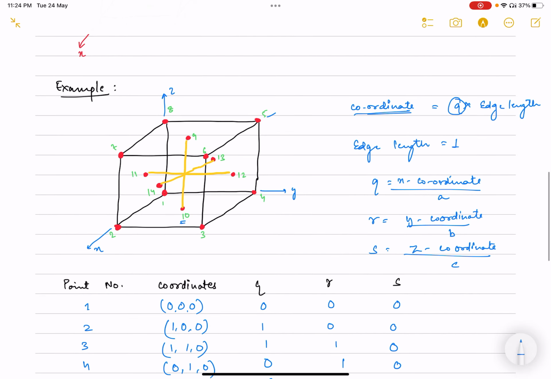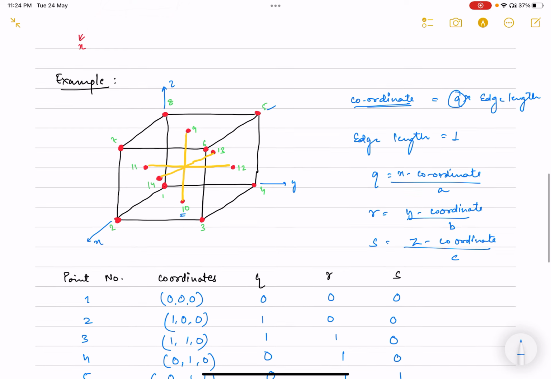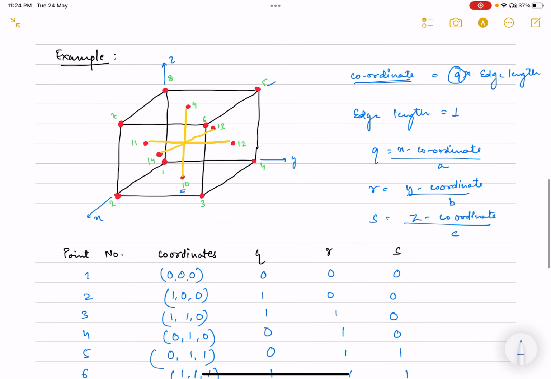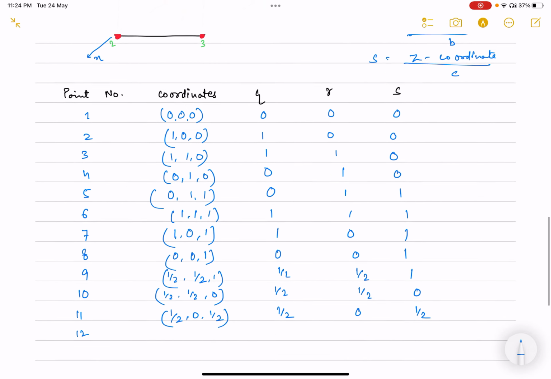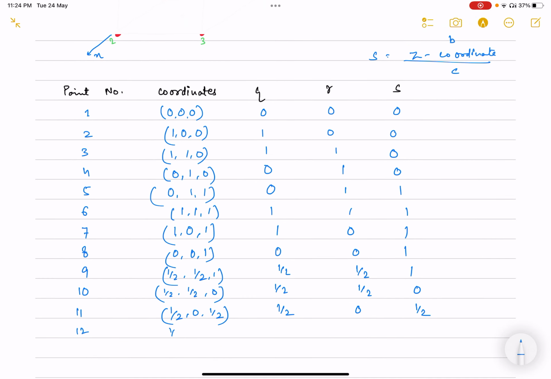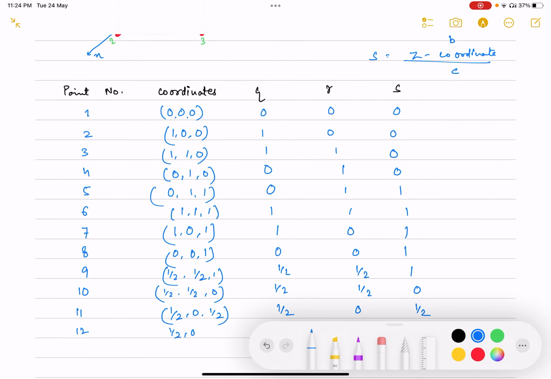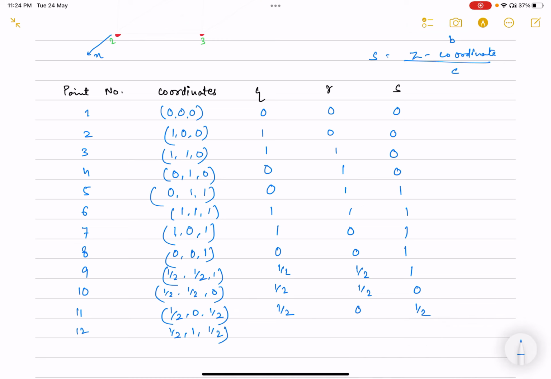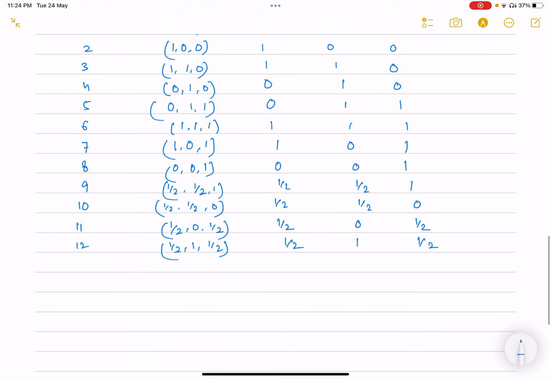Point 12 cuts y at 1 and x and z at half, so this is half, 1, half.